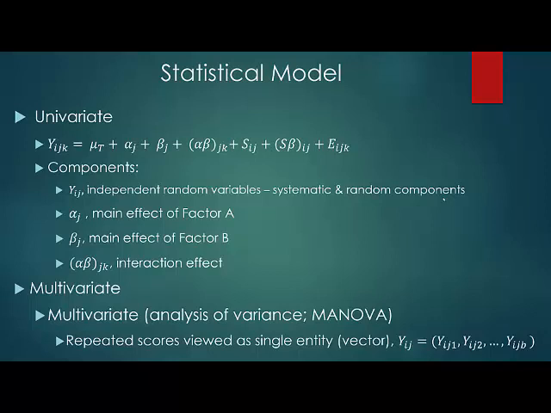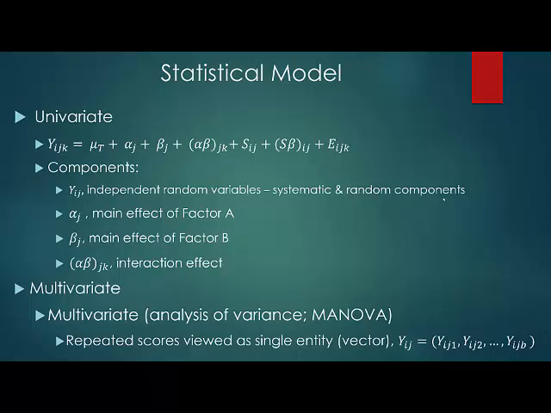So how do they respond to each of the levels of factor B? And then for everything else that we can't explain, that gets kind of wrapped up into the error, that unexplained variance.